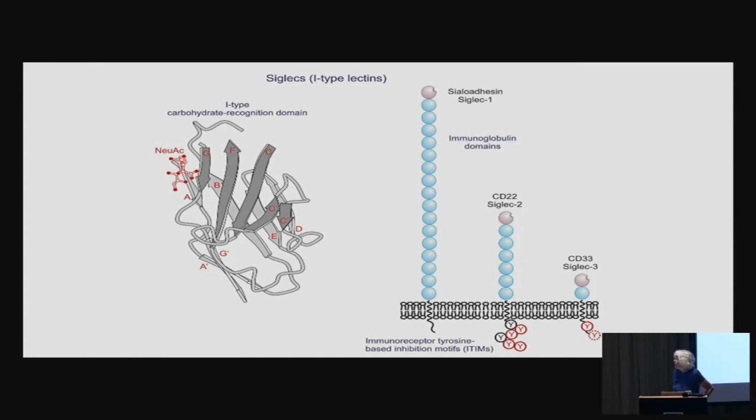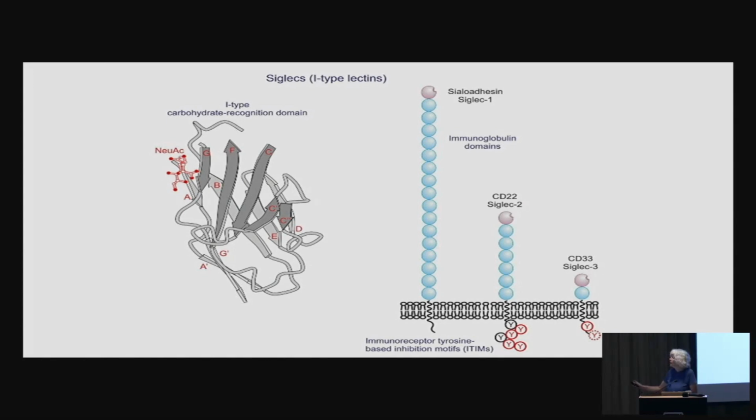The next big group are the siglecs, sometimes called I-type lectins, because these all contain immunoglobulin-like domains. You'll hear a lot more about these in the next talk, so I won't say very much about them. They're all membrane-bound receptors with one Ig domain at the end, which recognizes sialic acid.